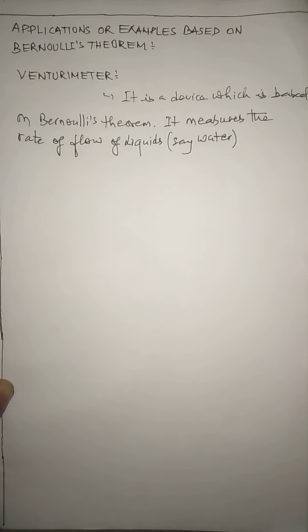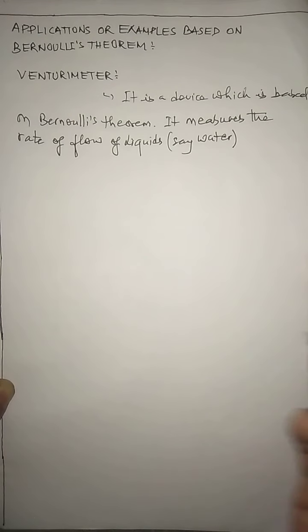But one important consideration that we have to make here is that the liquid or fluid that we use must be an incompressible and non-viscous liquid. Means what type of liquid do we consider here? The ideal liquids. Okay, the ideal liquids are usually incompressible, they are non-viscous.